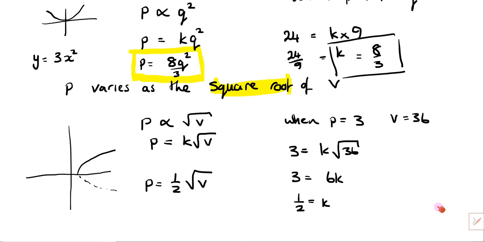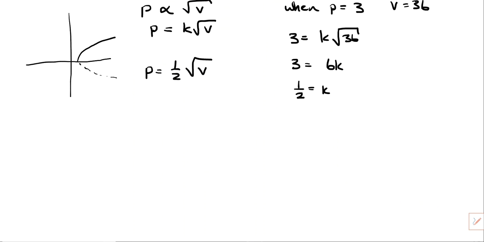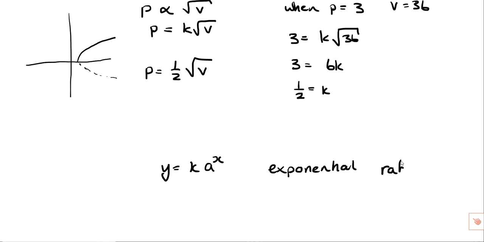All right, so we've got these relations. You've seen them before. You've also seen the y equals k times a to the x ones. That is an exponential relationship.